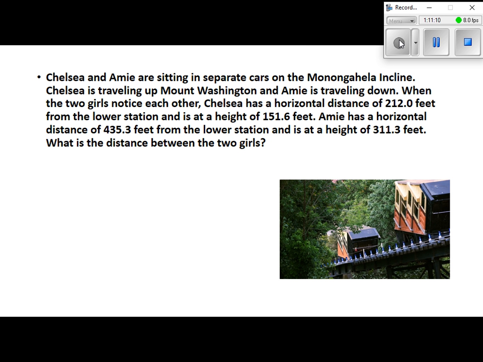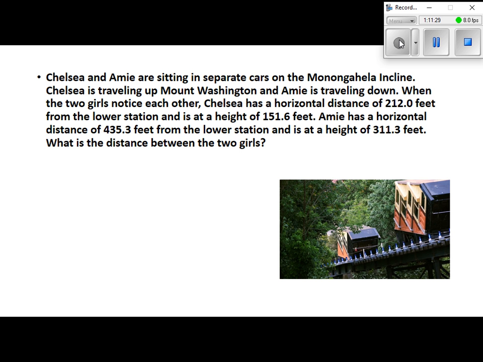All right, on this problem, it says Chelsea and Amy are sitting in separate cars on the Monongahela incline, whatever that is. Chelsea is traveling up Mount Washington and Amy is traveling down.